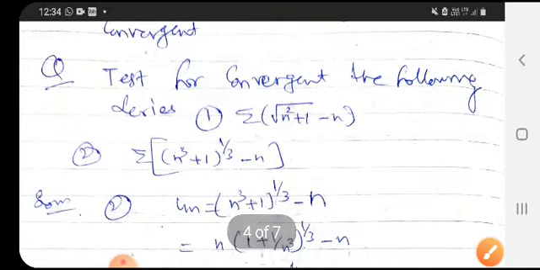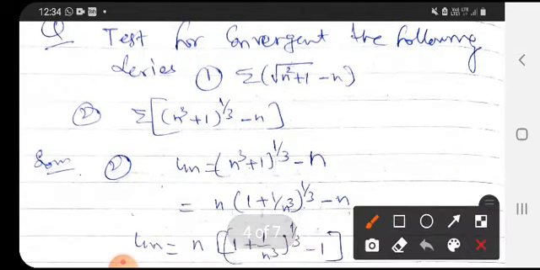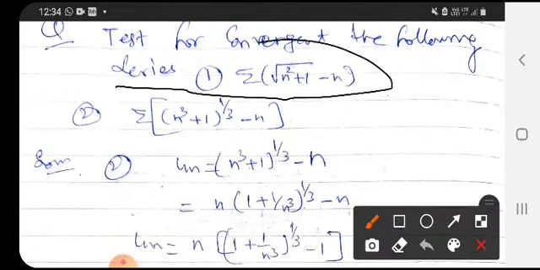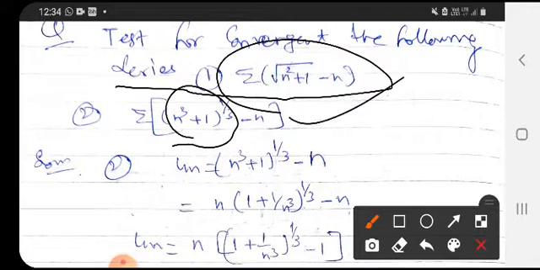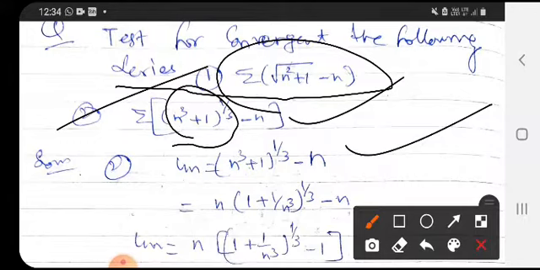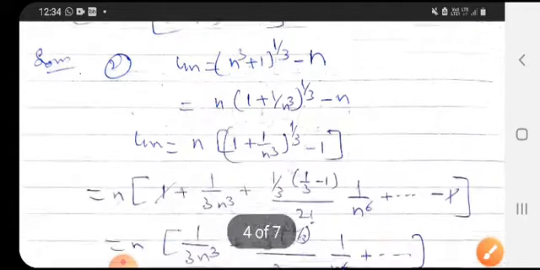Test for the convergence of the following series: summation under root of n cube plus 1, whole to the power 1 by 3, minus n. This is the un for this question. Taking n cube common we get n outside, and taking n common we see this form.